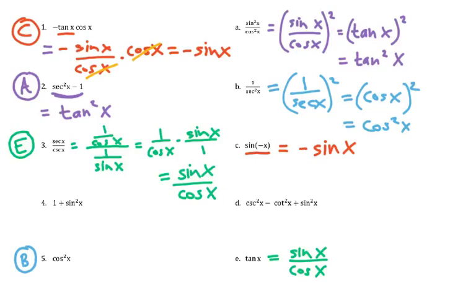Now you may be saying it's obvious now that 4 and d are correct, and it's true, but let's make sure we understand why. For this one, I feel like it's easier to actually begin on the right-hand side, looking at d, to work our way backwards to 4, which says 1 plus sine squared of x. Let's look at our Pythagorean identities one more time, focusing in particular on the identity involving cosecant and cotangent.